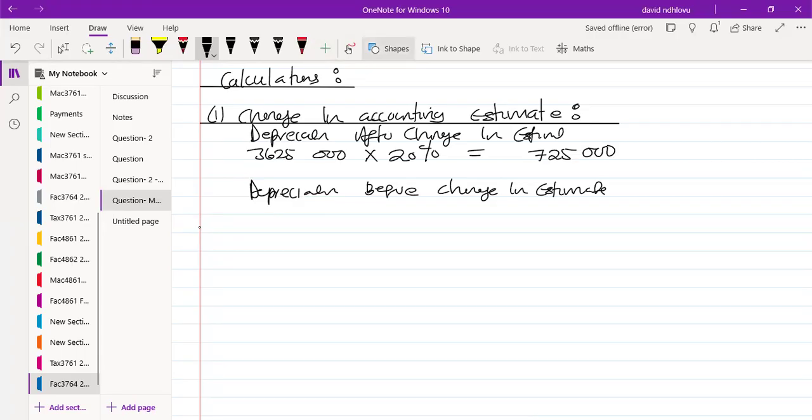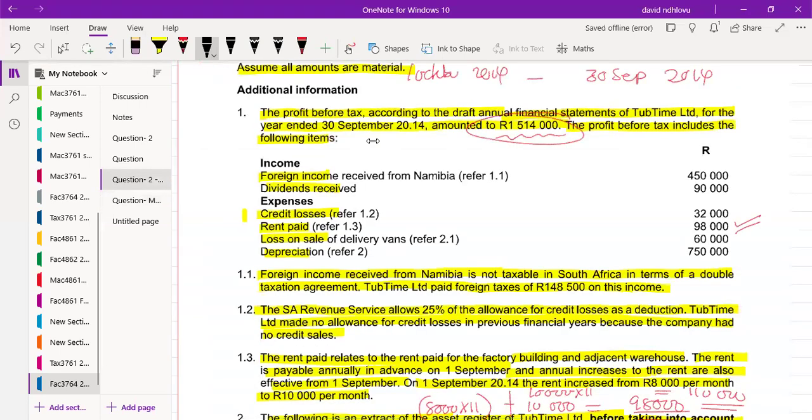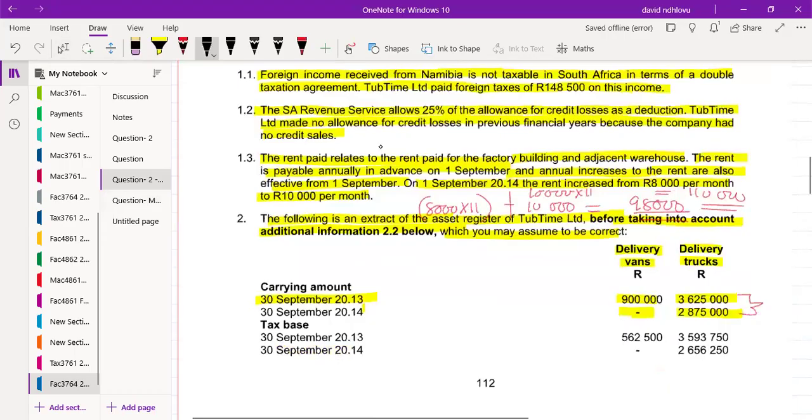Right, so the depreciation before the change in estimate, we can calculate easily by simply saying, our 3,625, which is our carrying amount at the end of the previous year, less the carrying amount at the end of the current year, which is 2,875 there.